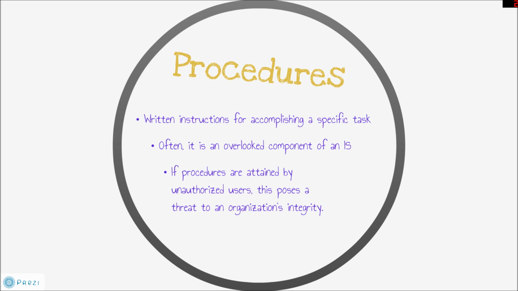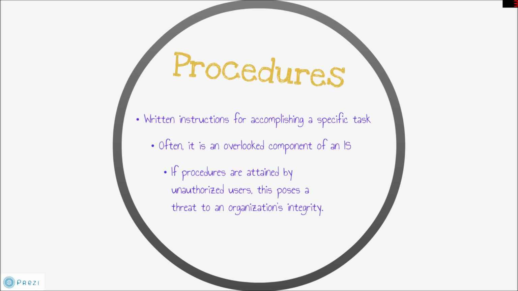Another frequently overlooked component of an information system is procedures. Procedures are written instructions for accomplishing a specific task. When an unauthorized user obtains an organization's procedures, this poses a threat to the integrity of the information.